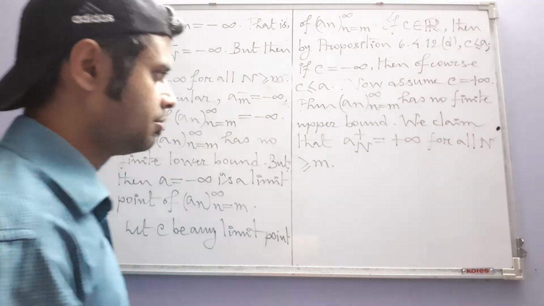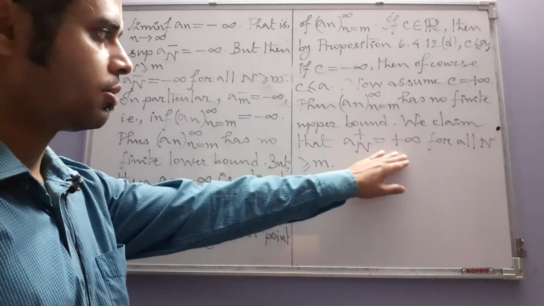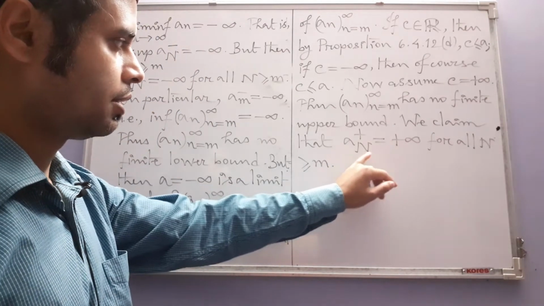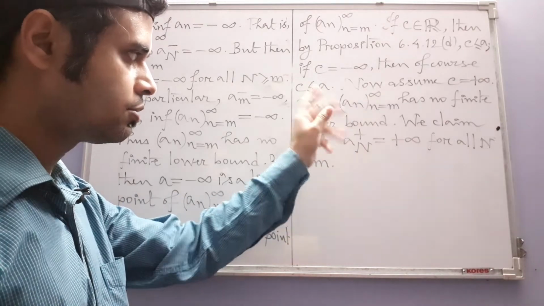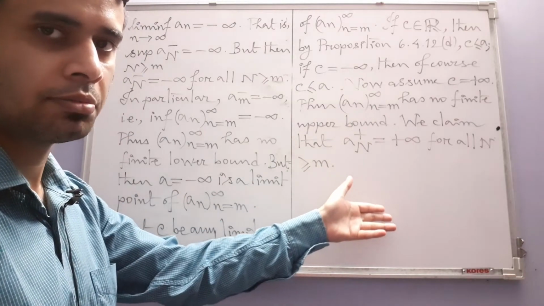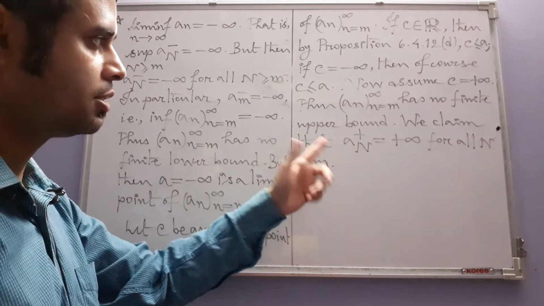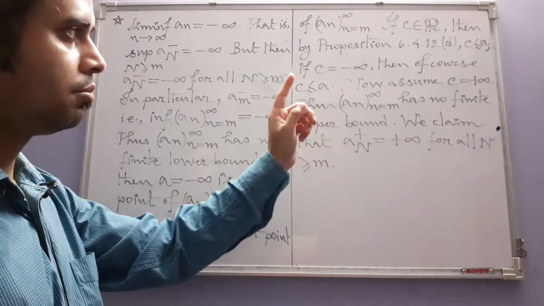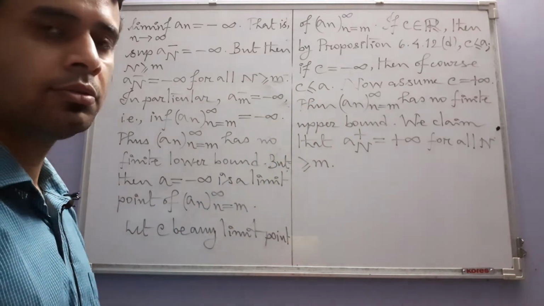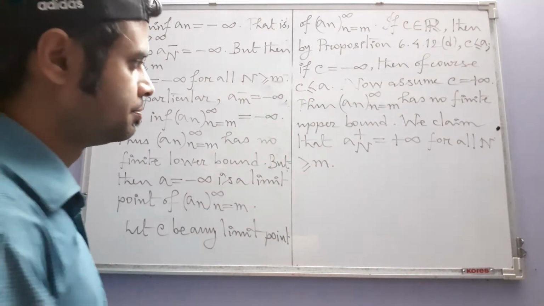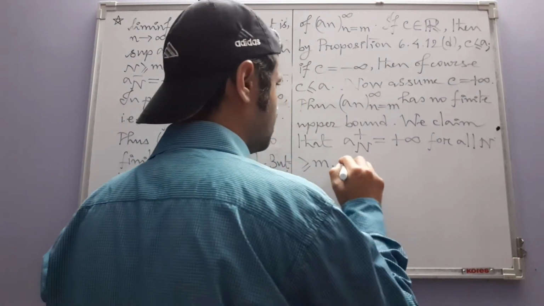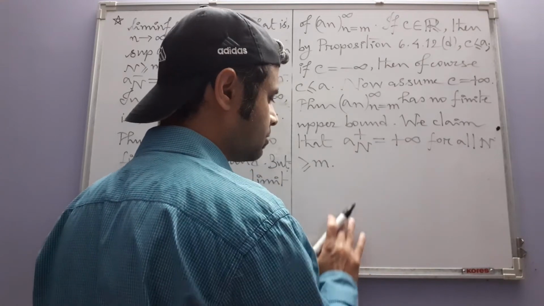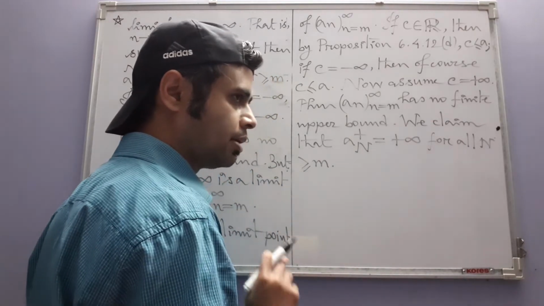This is our claim now, because if we are able to prove this claim, then the infimum of all these suprema will also be equal to plus infinity. In other words, the limit superior or small a will be plus infinity, making it greater than or equal to C, in fact equal to C. But this is our claim, so we are now going to prove this claim by contradiction.